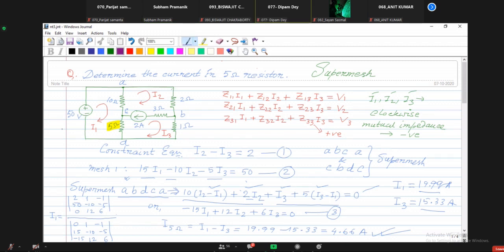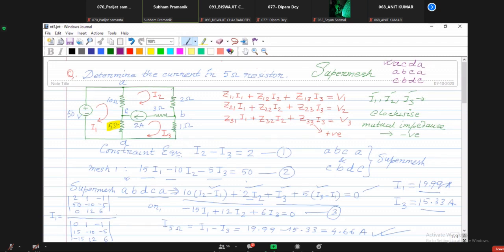The three meshes are A, C, D, A; then A, B, C, A; then C, B, D, C. If you observe carefully, ACDA is not a super mesh.